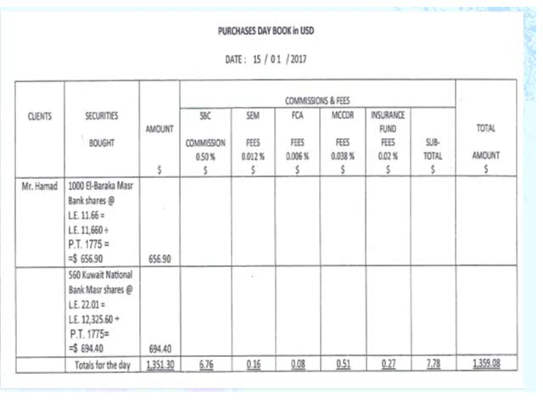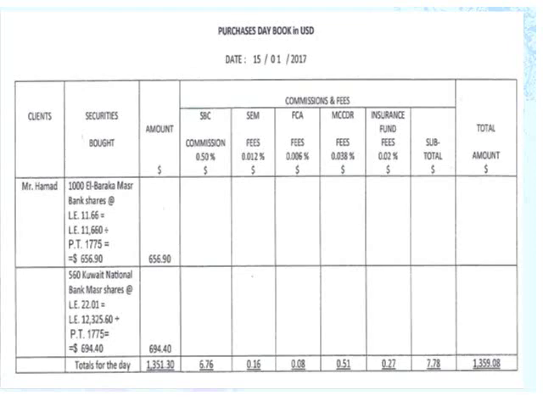The total of them is given in the column of amount: 1,351.3. Based on this total, we are going to calculate the SBC commission, the SEM fees, the FCA fees, the MCDR fees, and the insurance fund fees, and finally we add all these together.